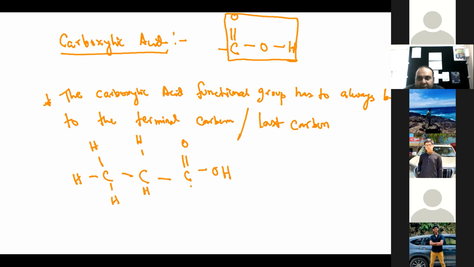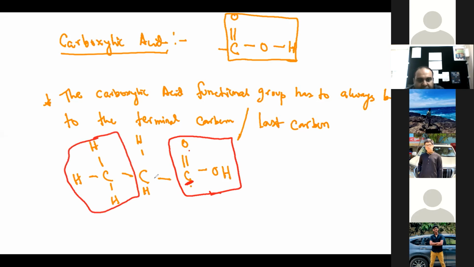So listen carefully. The COOH group can only be present at the last carbon, at the terminal, the extreme right. Either it can be here or it can be on this side, but it cannot be at the center.